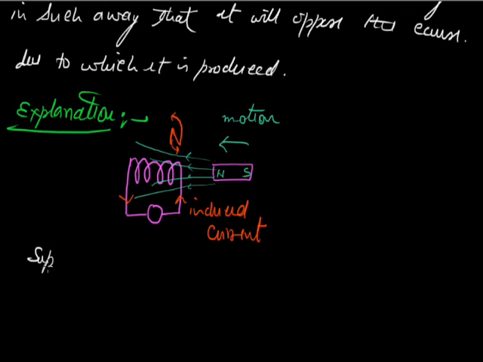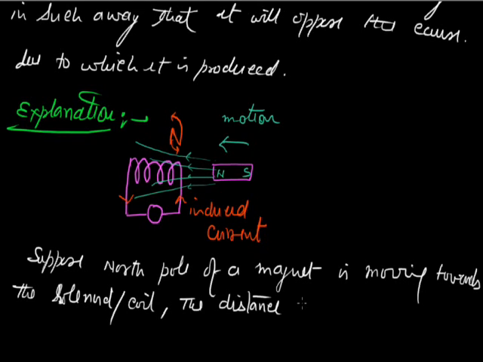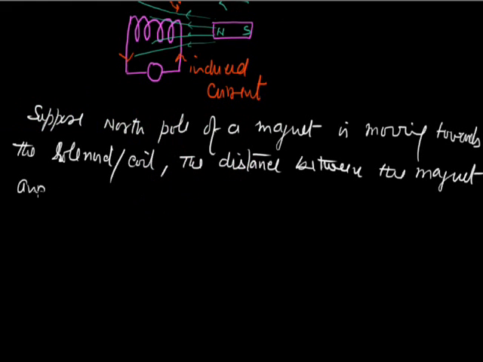Suppose the north pole of a magnet is moving towards the solenoid or the coil. The distance between the magnet and coil is decreasing.